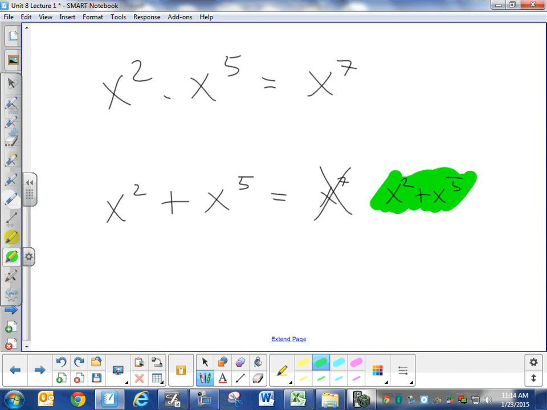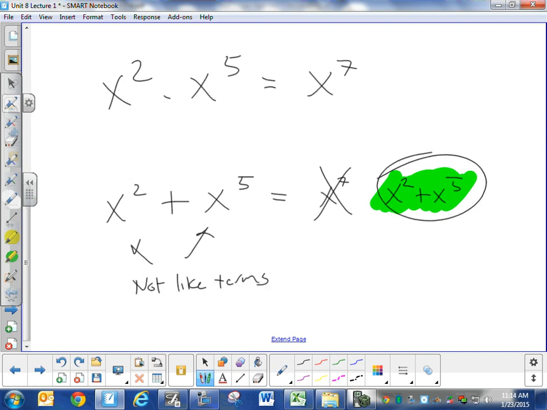But notice addition, the rules for adding things with exponents completely different from the rules of multiplying things with exponents. Okay, this is 2x's times 5x's. That's a total of 7x's being multiplied. If I have an x squared and I'm adding an x to the 5th, these are not like terms. I can't. You just leave it like that.